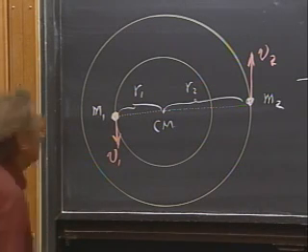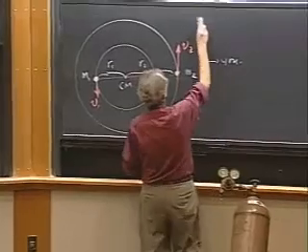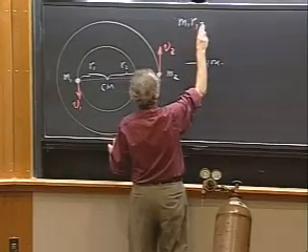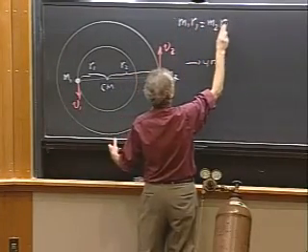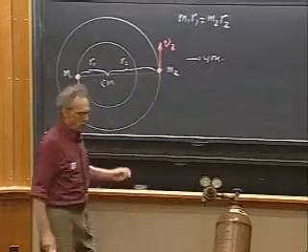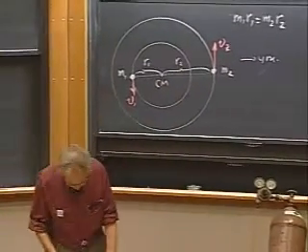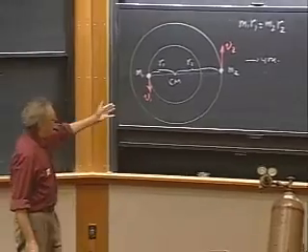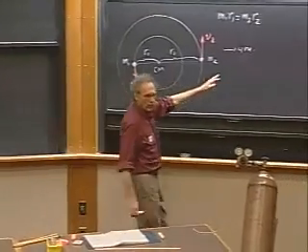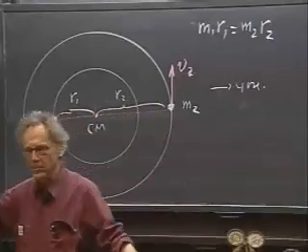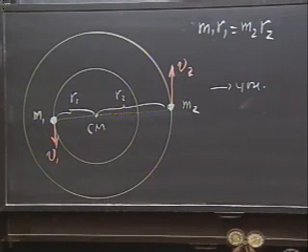Circular orbits, the center of mass, means that m1 r1 is m2 r2. If you don't remember, go back to your 801 notes. And now you are observing here on Earth the optical spectra. You see the absorption lines in Doppler shift. You see them moving like this.